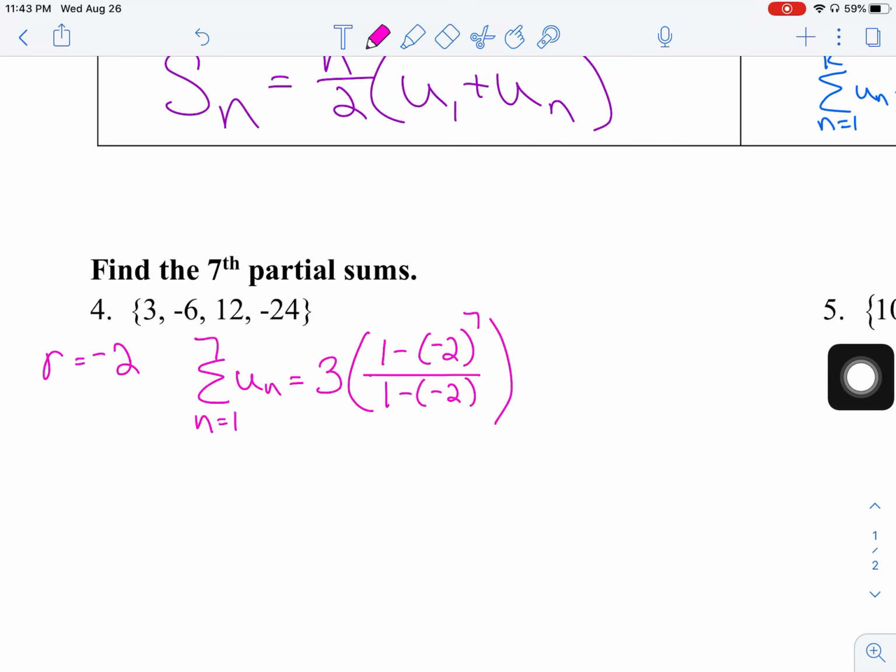And that's what I'm going to do right now. So we have 3 times 1 minus negative 2. I'm going to raise that to the 7th power. Then I need to take that and divide by 1 minus negative 2 in the denominator. And you should get 129.